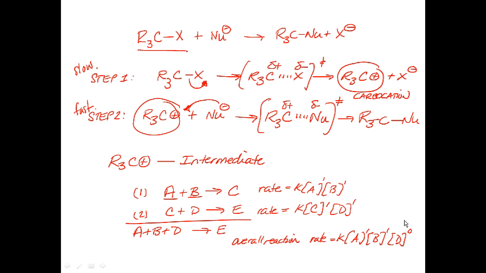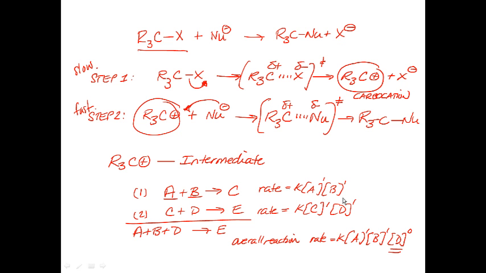Well, when you write the rate equations of the elementary steps, whichever one most closely resembles the overall reaction rate expression is going to be the slow step of the reaction.